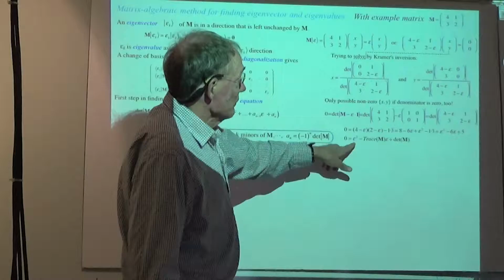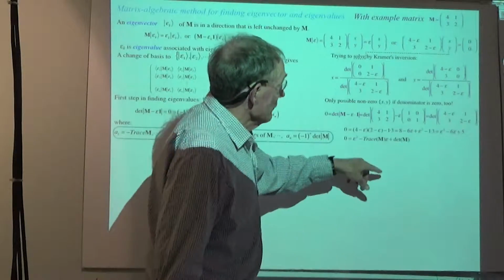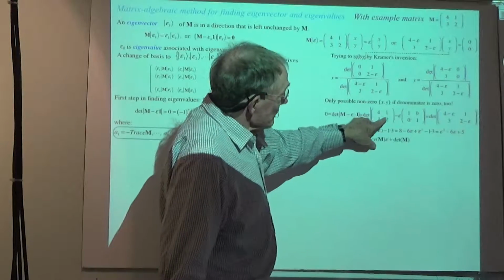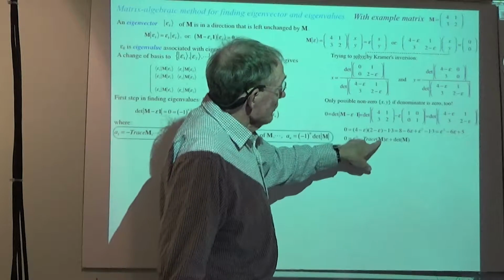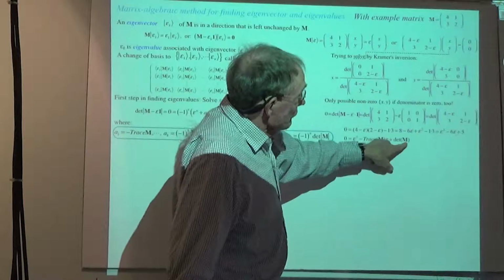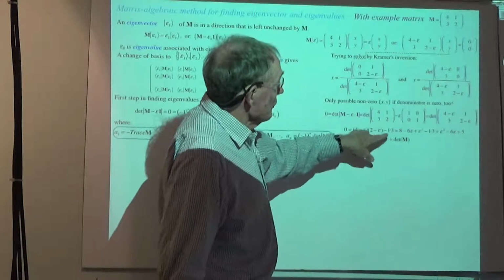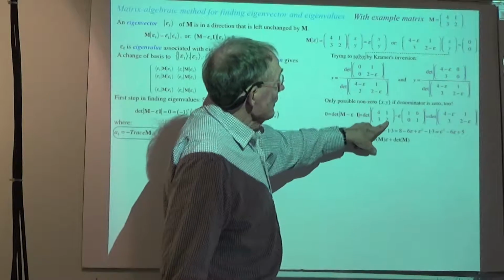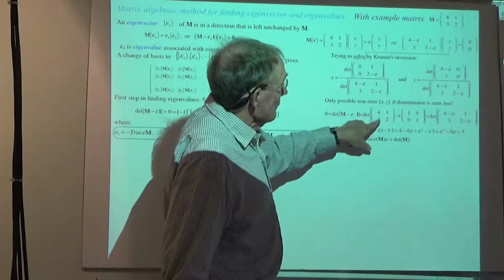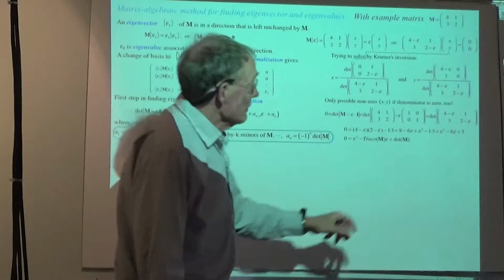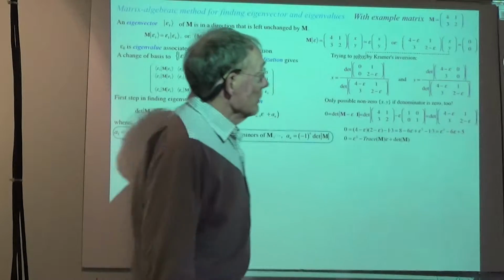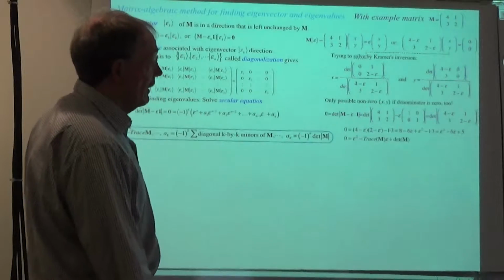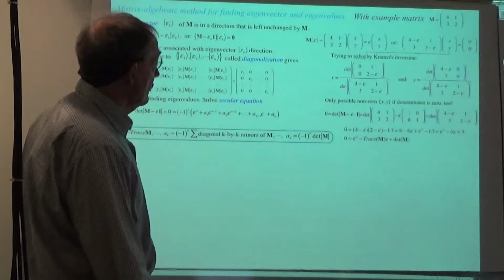In this case, it was a very simple equation: epsilon squared minus the trace of the matrix, the trace of the matrix is 6 in this case, plus the determinant of this matrix. The determinant of our favorite matrix here is 4 times 2 is 8, minus 3 times 1, that's 5. So this is the equation for the eigenvalues of this matrix.